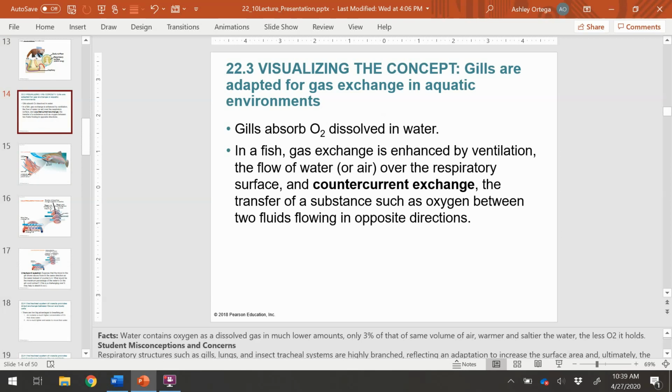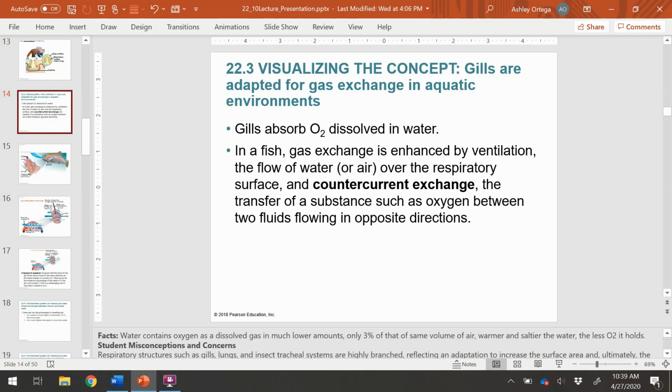And so in a fish, the gas exchange is going to be enhanced by ventilation, which is the flow of water, or air in some other cases, not in fish, but in lungs, over the respiratory surface.